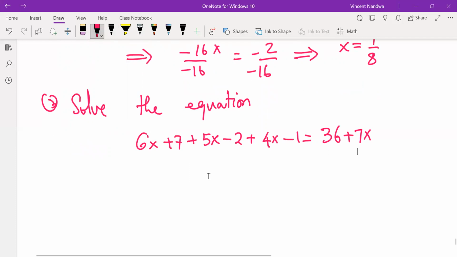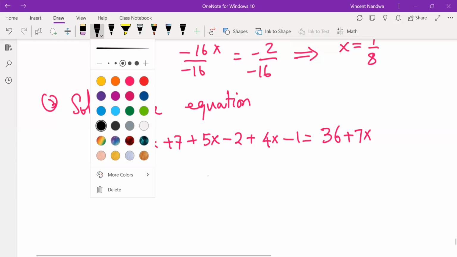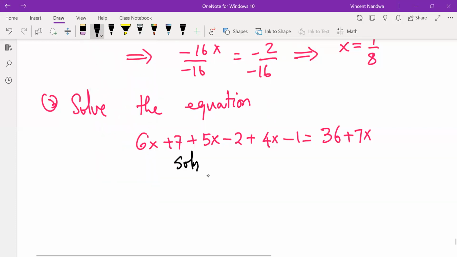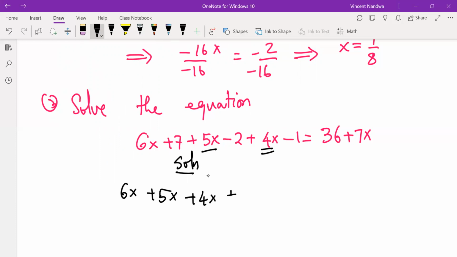So here we just collect like terms and solve for x. So we'll have 6x plus 5x plus 4x, then plus 7 minus 2 minus 1 equals 36 plus 7x.